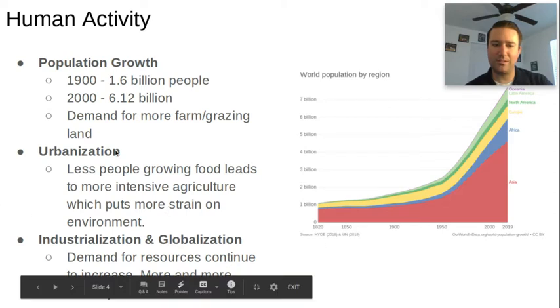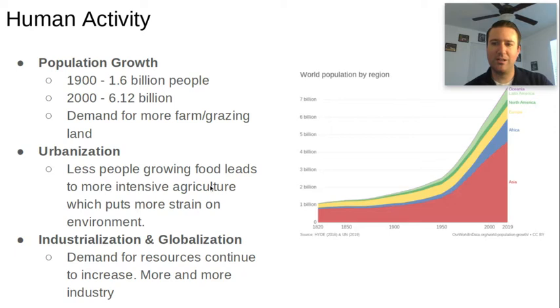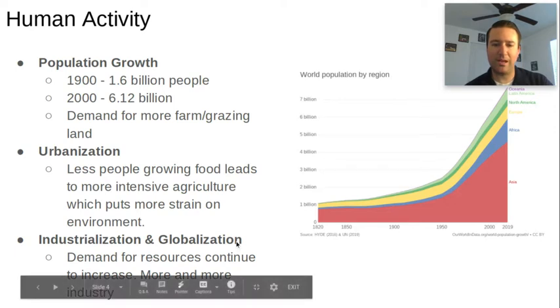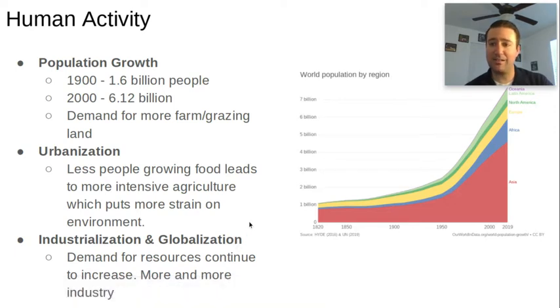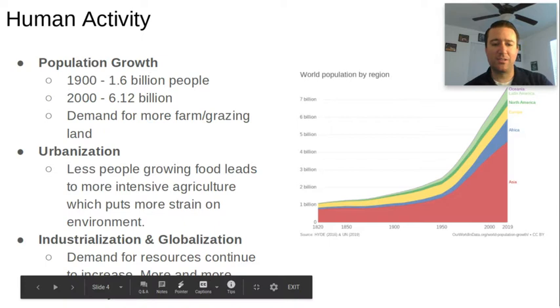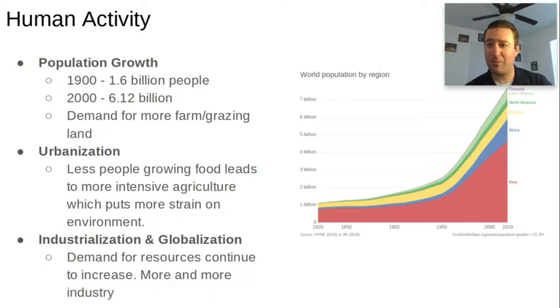So because of urbanization and the use of intensive agricultural practices needed to feed the people of the cities, that has environmental strains too. And of course, industrialization and globalization. This is pretty obvious. As we make more stuff and become more materialistic and need more stuff, we need more resources from the earth.